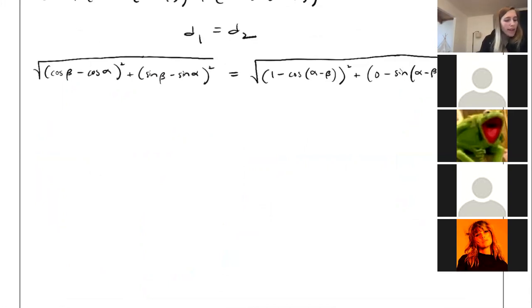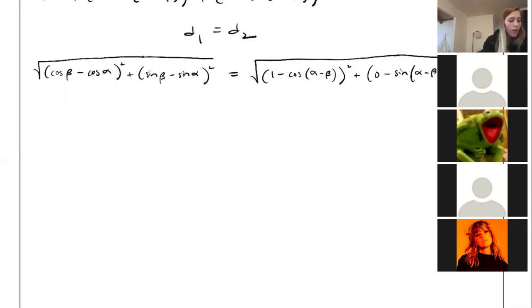Okay, so what we're going to think about doing next is squaring both sides of the equation. This is actually an identity, and we're basically going to manipulate it to get to our fundamental identity for cosine difference.